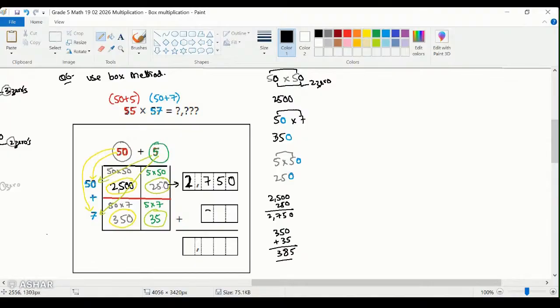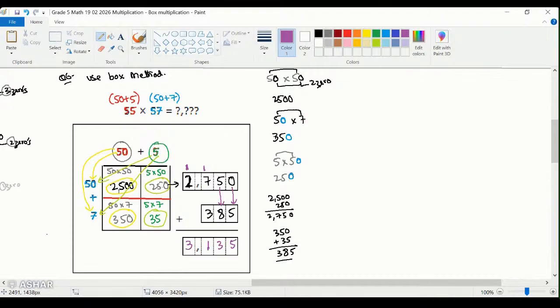That would be 385. When we add these numbers together, this would be 5. 5 plus 8 is 13. We carry a 1. 1 plus 7 is 8. 8 plus 3 is 11. We carry a 1, and this is 3,135. Agreed? So this is your answer when we are using a box method, okay?